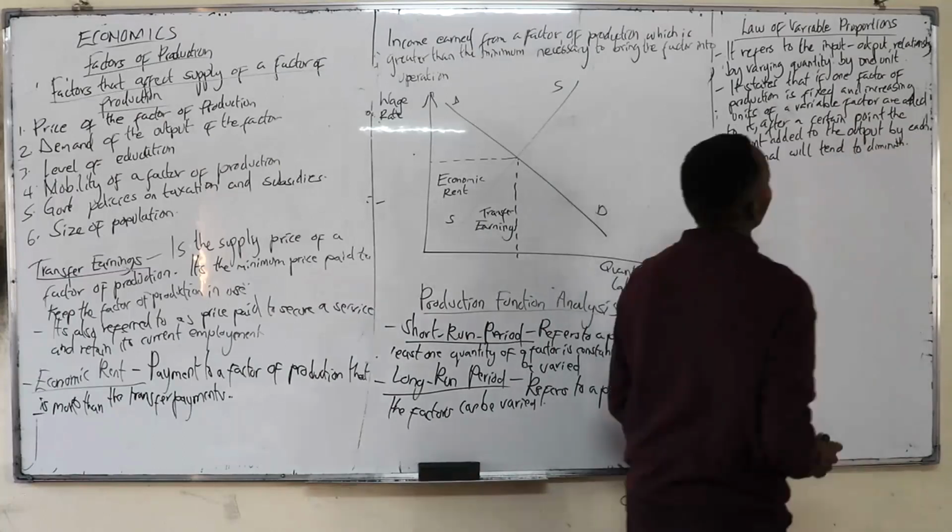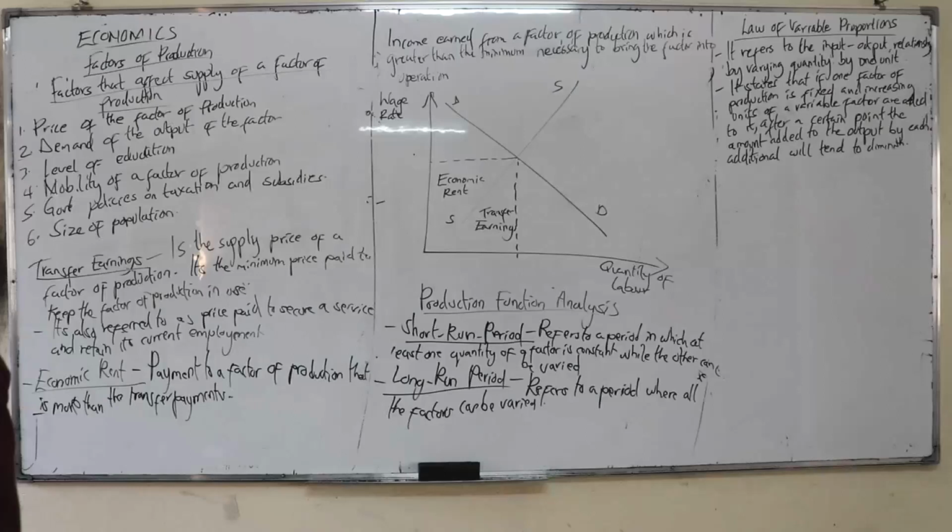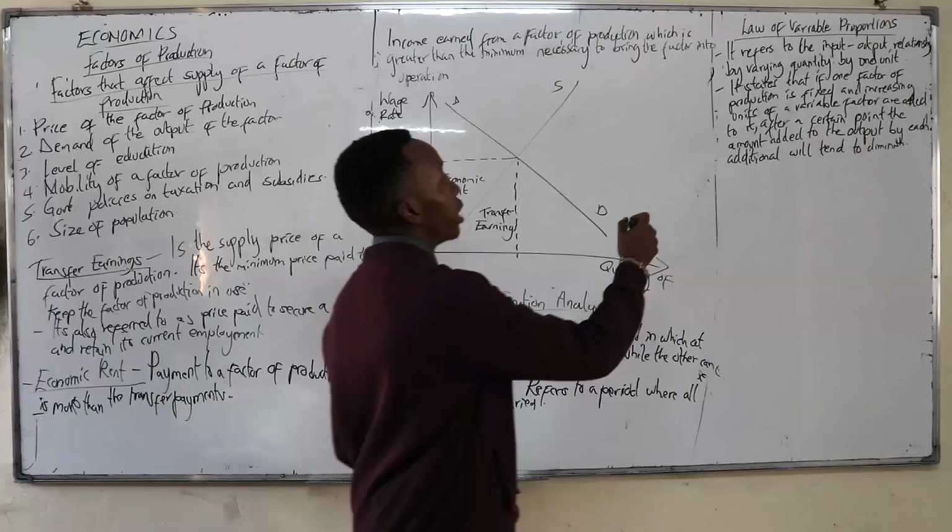So this is what you're saying, the law of diminishing returns. The law of variable proportion is, in other words, the law of diminishing returns.